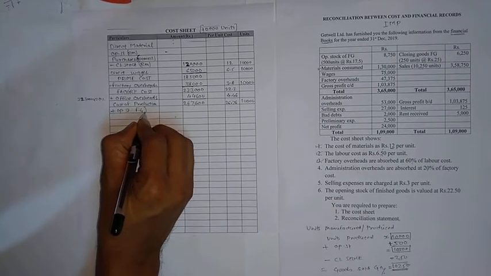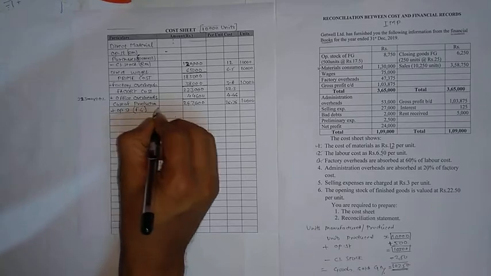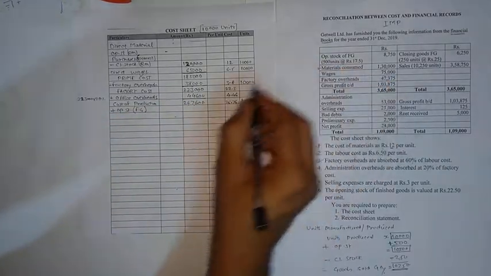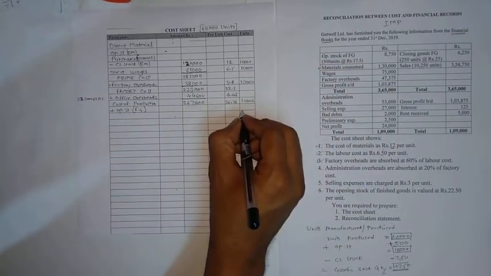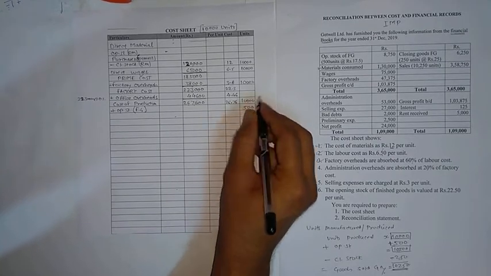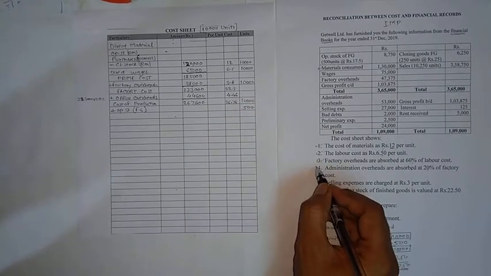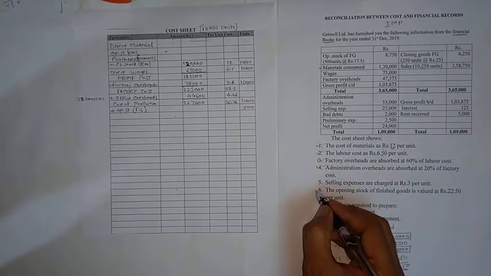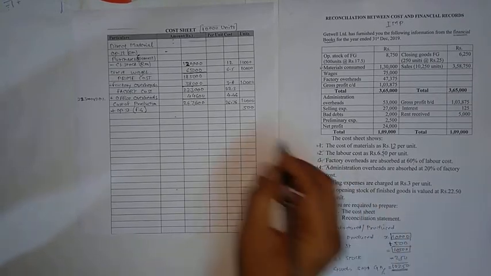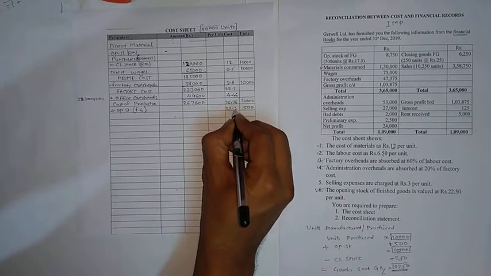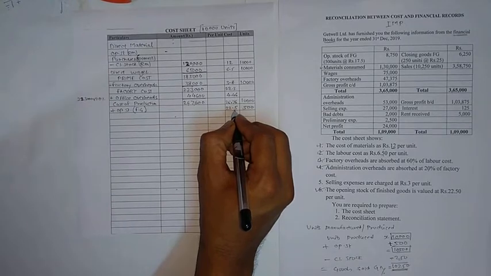opening stock of finished goods. Opening stock of finished goods quantity will be same, 500, and adjustment given is valued at 22.5 per unit. So here it will be 22.5 per unit.